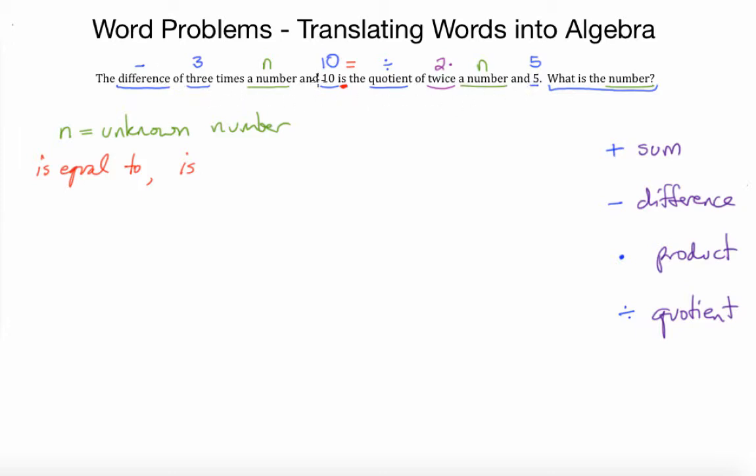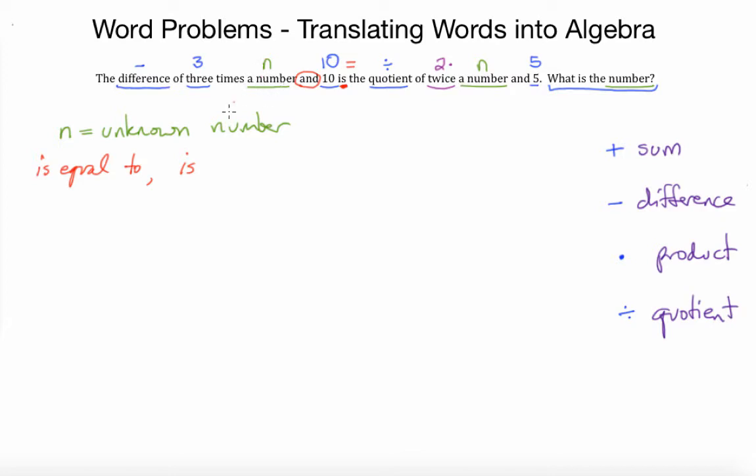Let's start to put this out. There's also the keyword and. We've talked before, but whenever I have sum, difference, product, or quotient, these operations involve 2 things. The sum of one thing and another, the difference of 2 things, the product of one thing and another. So the word and helps me see, okay, the difference of, what am I taking the difference of? 3 times a number and 10.